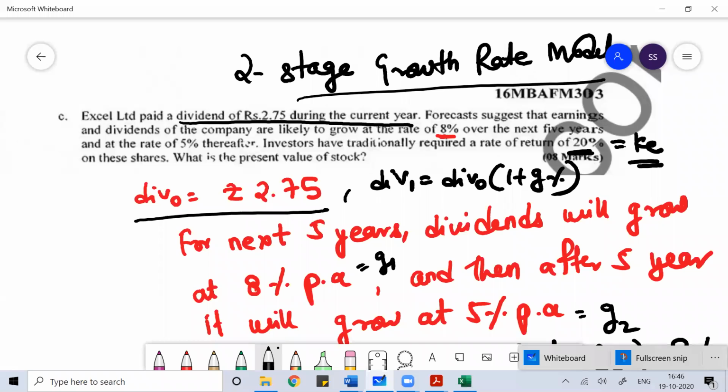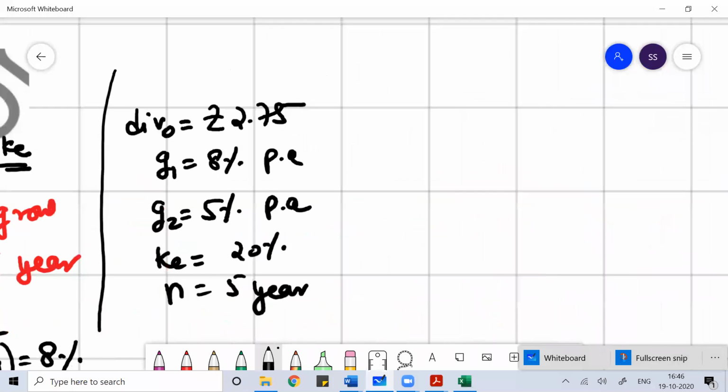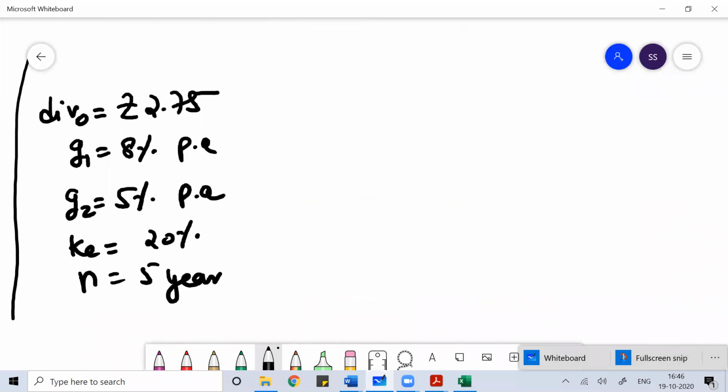So I'll tell you the direct formula. Whenever you get a two-stage growth rate model, this direct formula will give you the answer. If you are good at memorizing, you can memorize. Last class I did it logically, but I'm doubtful how many of you were satisfied with the logical reason.